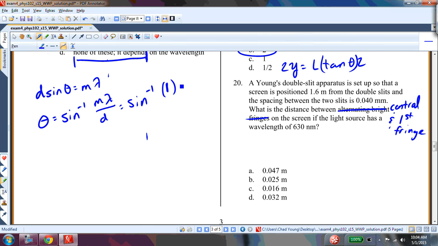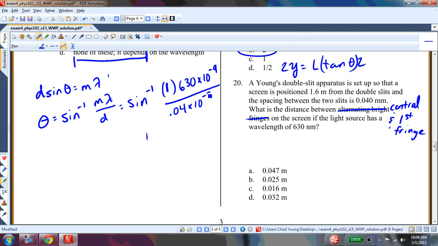Lambda is 630 nanometers divided by d, which is 0.04 millimeters, or 0.04 times 10 to the minus 3 meters.